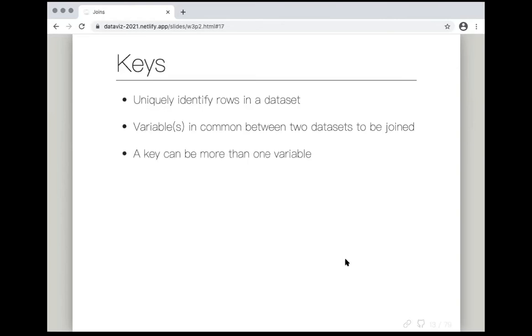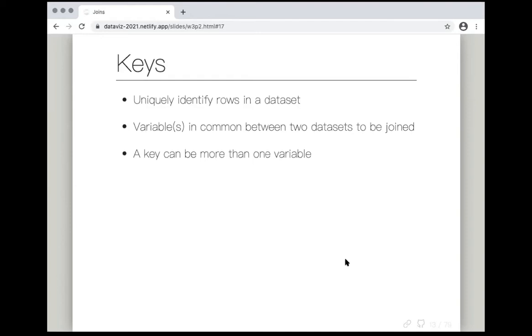The other thing that can be tricky and is very common is that a key can be more than one variable. The simplest case is we think of a key as like student ID. Student ID is a key to a data set, and the student ID uniquely represents the rows in the data set.